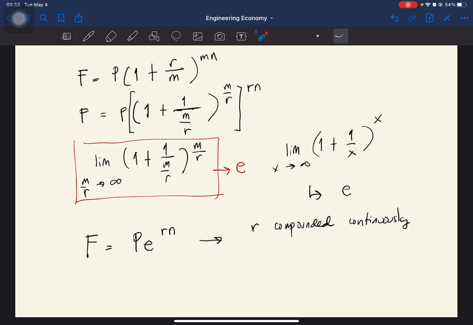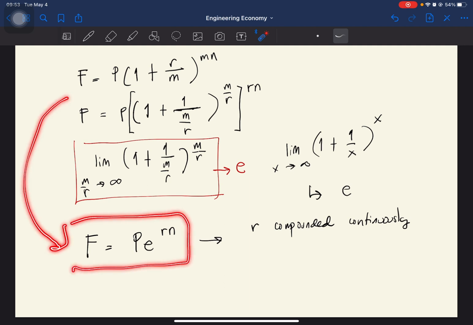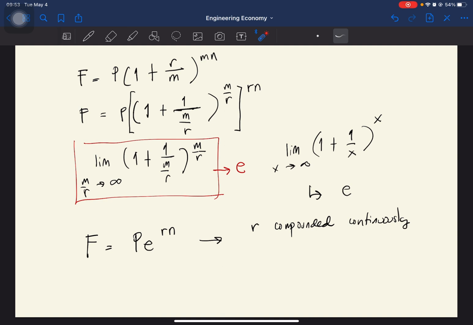Pero if not, edi balik ka rito. Kung compounded annually, semi-annually, quarterly, etc. Di ito pa rin yung formula na gagamitin mo. Okay? So, tandaan, itong compounded continuously, yung formula niya ay galing din dun sa generic formula natin ng pag-compute ng future worth. Okay? Given the present worth. So, ginamitan natin ng calculus para makuha natin itong formula na to. Okay?